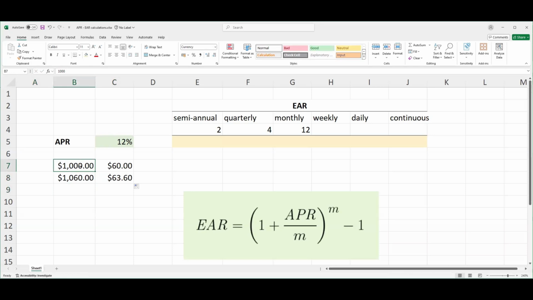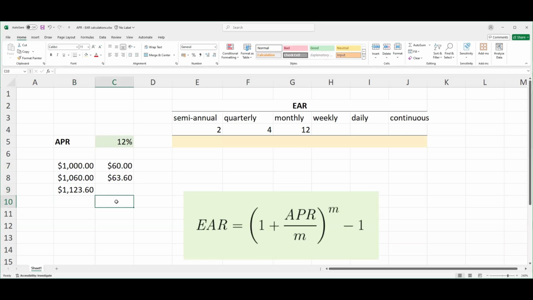Let's say this is the first payment, the starting period after 6 months. And at the end of the year, you will have $1,060 plus the interest payment, and this makes it $1,123.60. So what is your overall return?